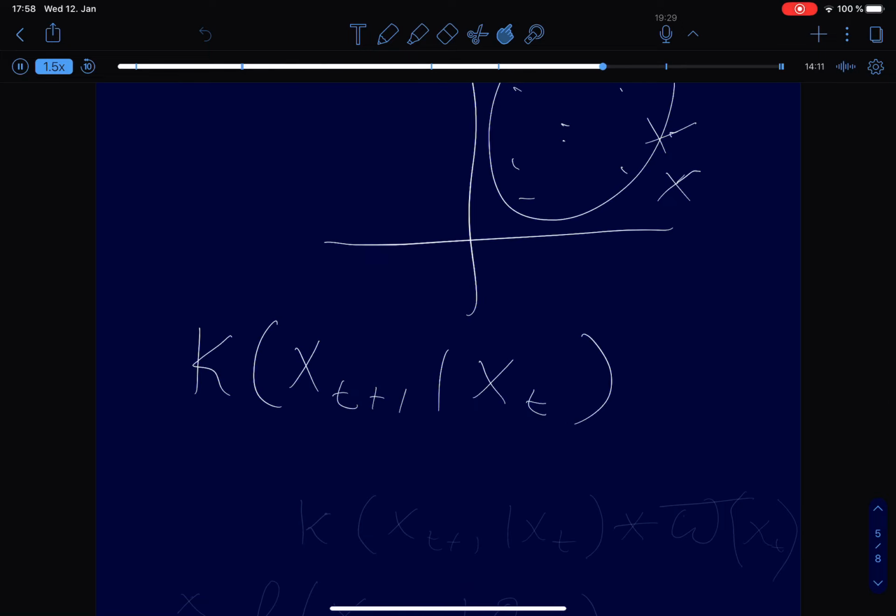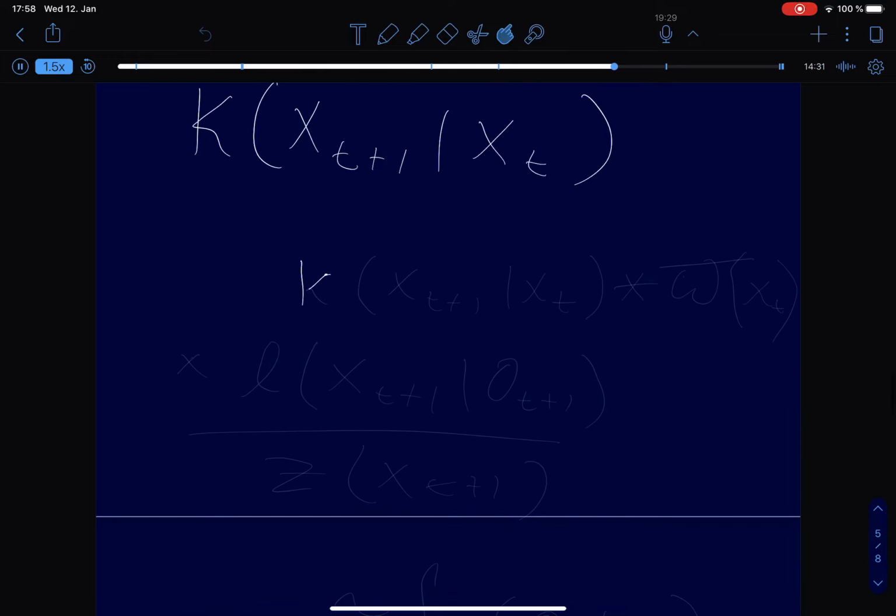It's this composition of two processes. It's equal to this deterministic convolution on the posterior, right? So you have, let's call it little k, and this is convolved with bar pi x of t.